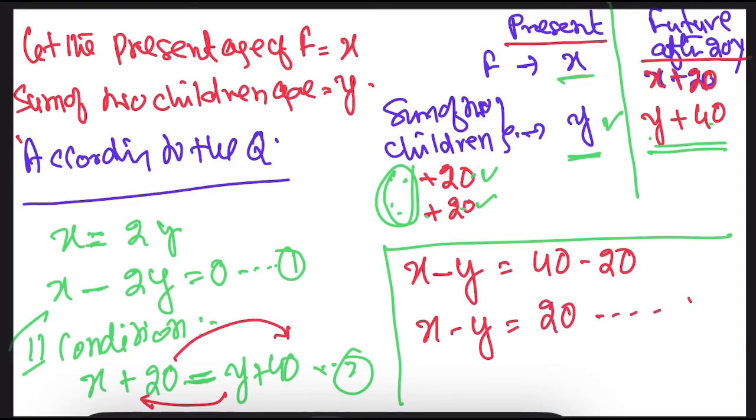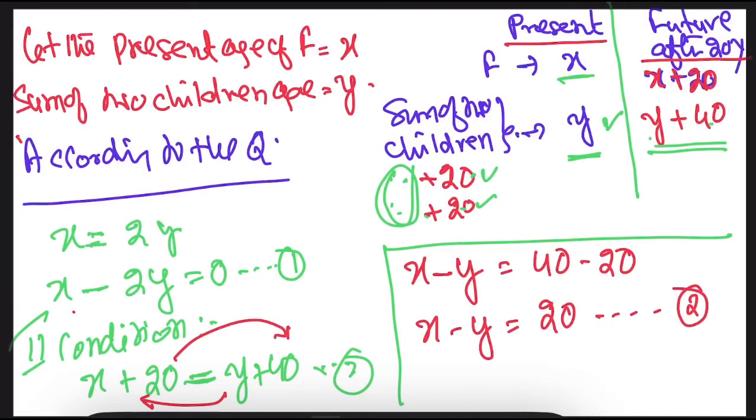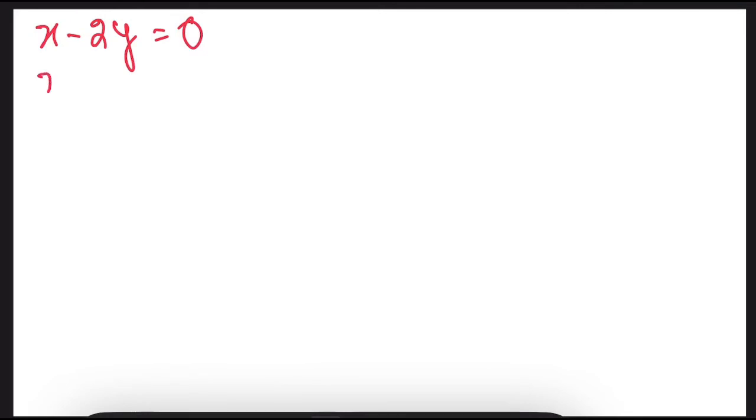This is our second equation. Got it? Now the first equation is x minus 2y equals 0, and the second equation is x minus y equals 20.